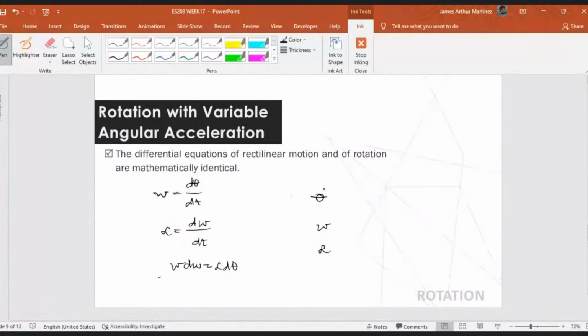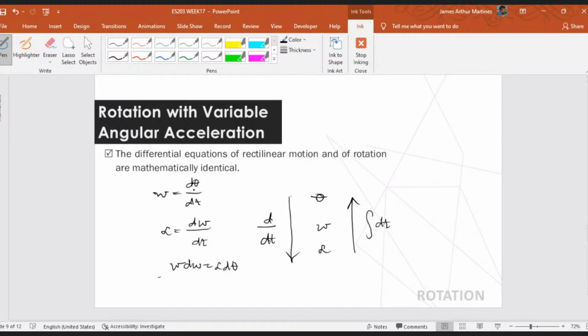If given the equation for angular displacement and your goal is angular velocity and acceleration, the operation you will perform is differentiation. And vice versa, if given the equation for angular acceleration and your goal is to compute the angular displacement, from alpha to theta we will do integration, integrating with respect to time.